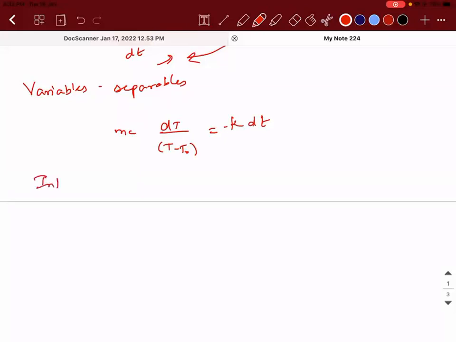Now integrate on both sides. When you integrate, mc into integral of dt divided by (t minus t naught) is equal to minus k into integral of dt.